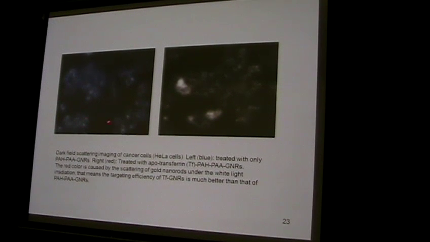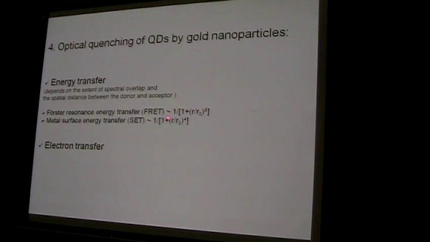While for comparison, this is healthy cells, and you don't see this pink color, and only see the blue color. And this blue color is the cell fluorescence of the tissue of the cells. So you see clearly the difference because the nanorod specifically targets these cancer cells.